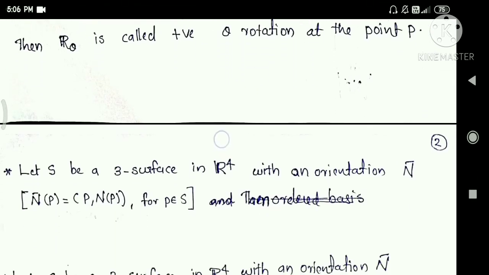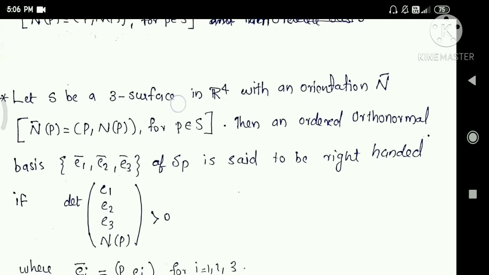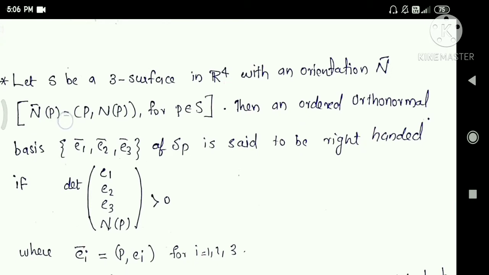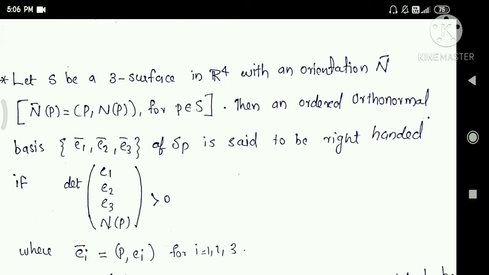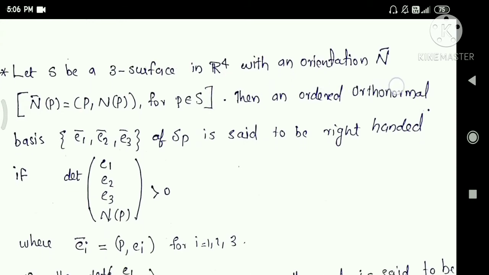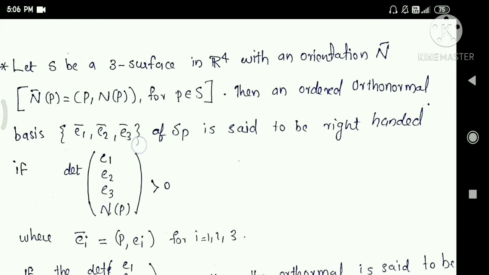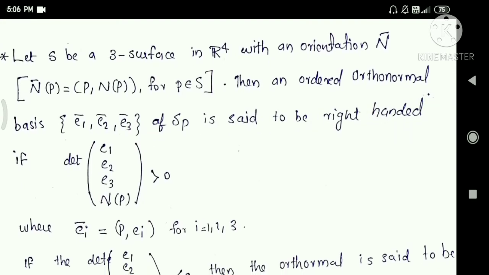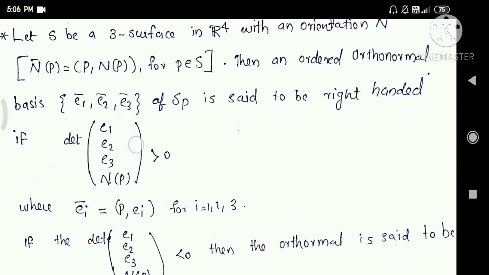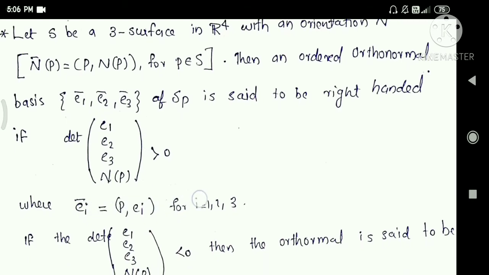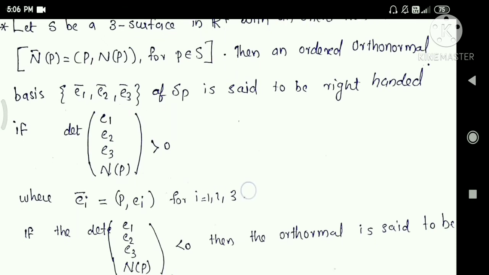And N of P equal to Pn of P. Next, let S be a three-surface in R4 with an orientation N, where N of P equal to Pn of P for each P belonging to S. Then an ordered orthonormal basis E1, E2, E3 of SP is said to be right-handed if the determinant of E1, E2, E3, N of P is greater than 0, where EI equal to PEI for each I equal to 1, 2, 3.